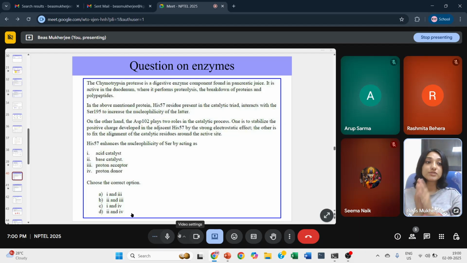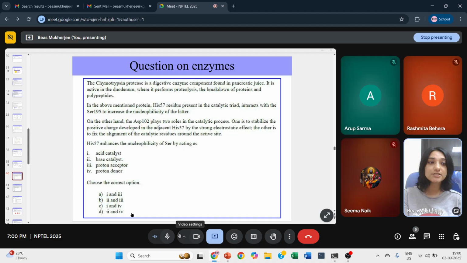You have to choose the right options. Whether it's acting as a base, a proton donor, or a proton acceptor, two answers will go hand in hand. If you understand the meaning of acid catalyst, you will be able to answer whether it's a proton donor or acceptor.